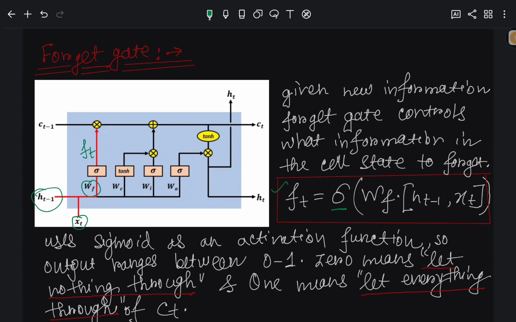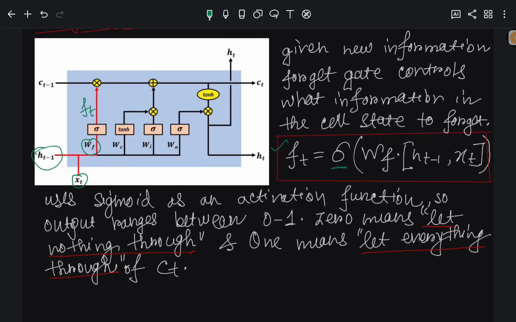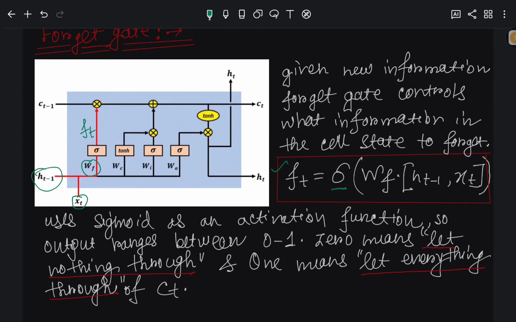As it uses a sigmoid activation function, the output will always be in the range of 0 to 1. Whenever the value is closer to 0, that means let nothing through, so it will forget the things in the cell state. And whenever the output is 1, that means let everything through from the cell state.